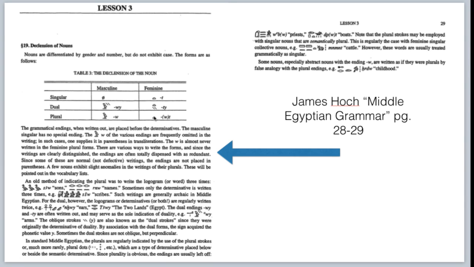Here he only has the T because in his explanation, he informs everyone that the W in feminine nouns is almost always omitted. James Allen says the same thing. Gardner says the same thing. They're all in agreement. He talks about the repetition of the signs to denote plurality, etc., etc. Same thing. James Hodge.